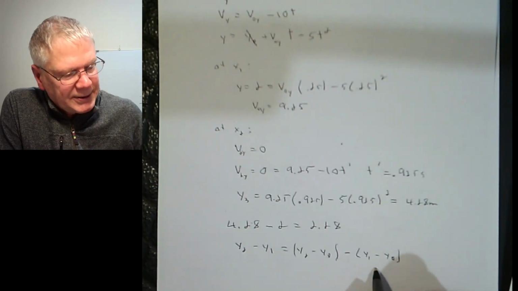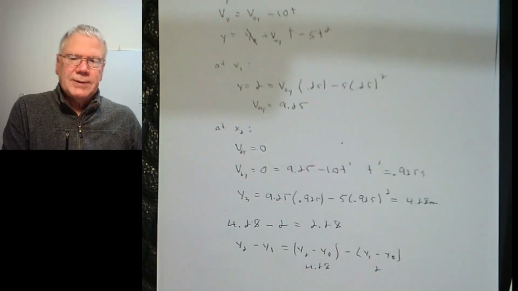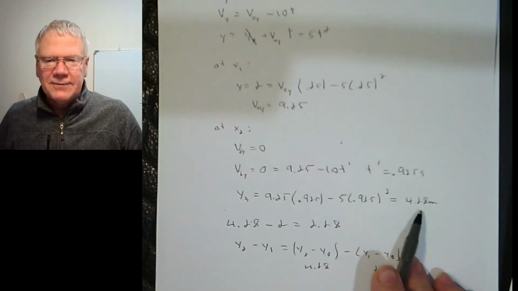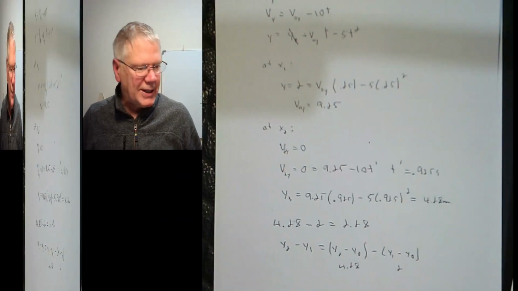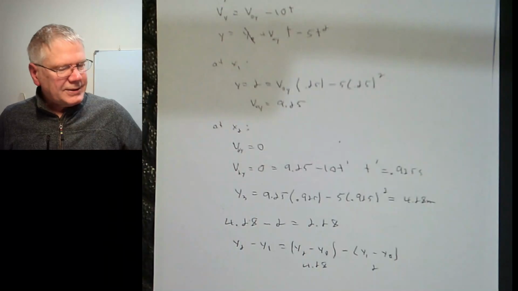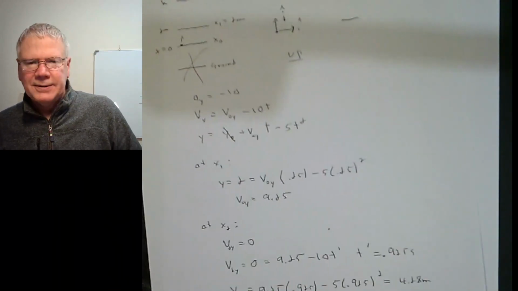And this was 2 and this was 4.28. So if you just solve the problem and feel like you're done and quickly write down 4.28, you won't actually be answering the question that was asked.